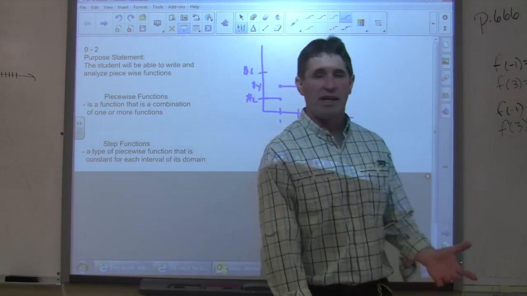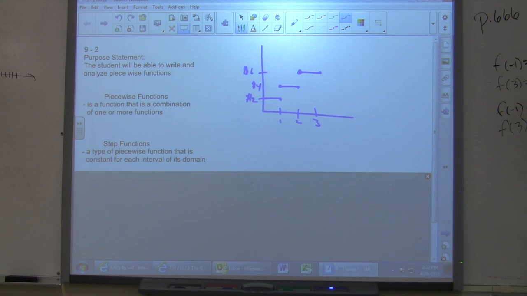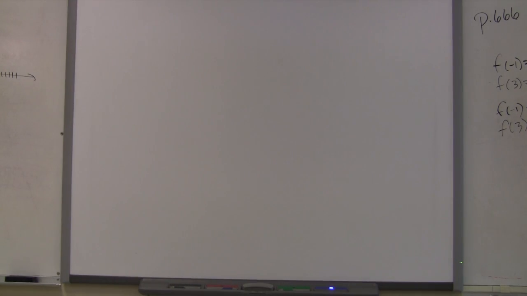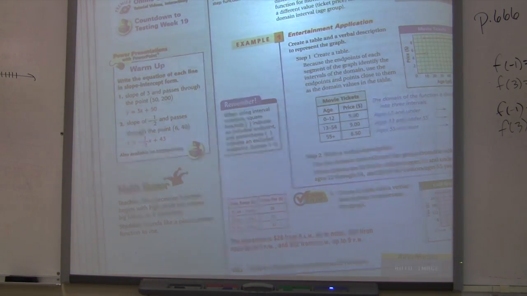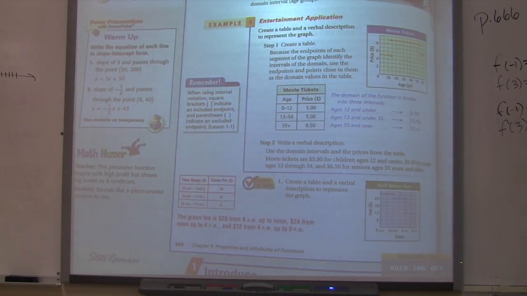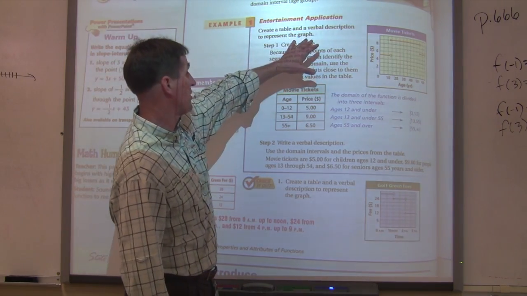So a lot of what we're going to do today is by looking in the book. So I'm going to put the book up on the screen so we can go through their examples. So on this first example, it says create a table and a verbal description to represent the graph.